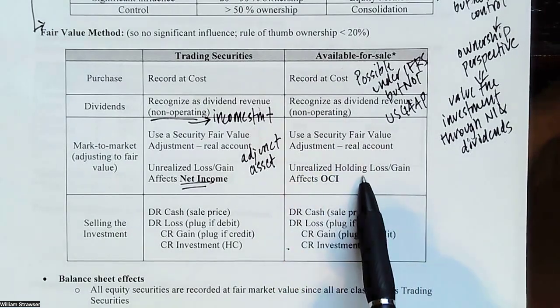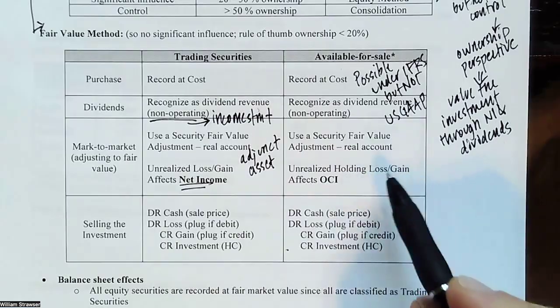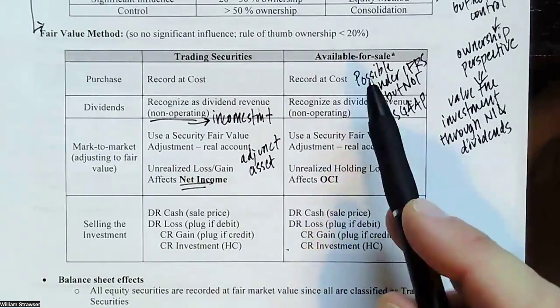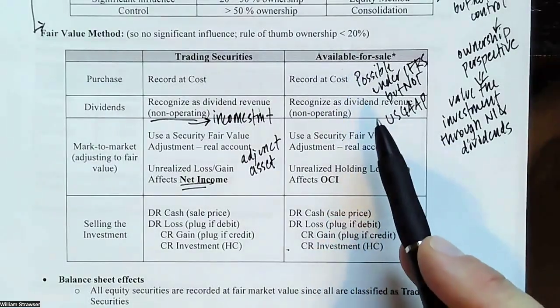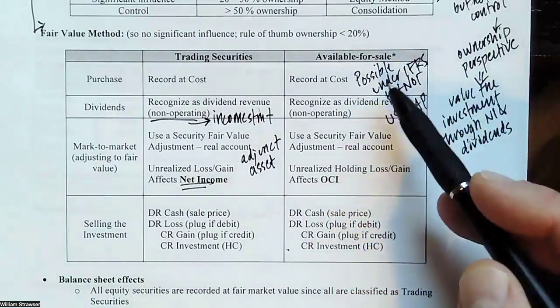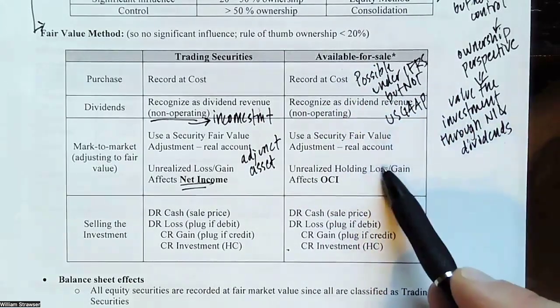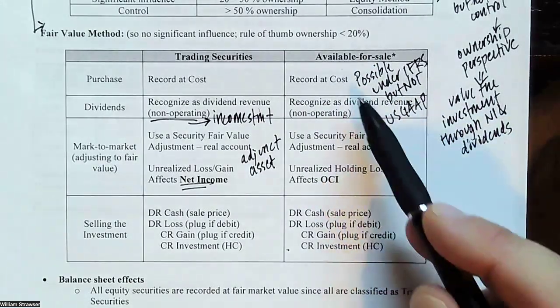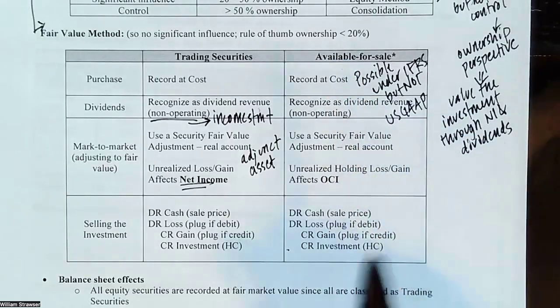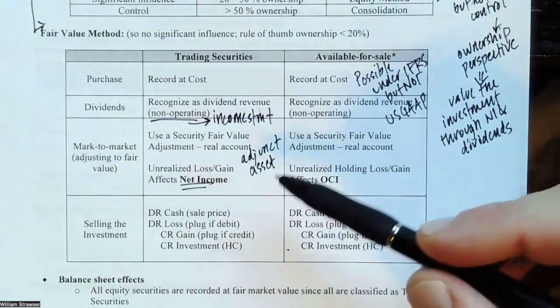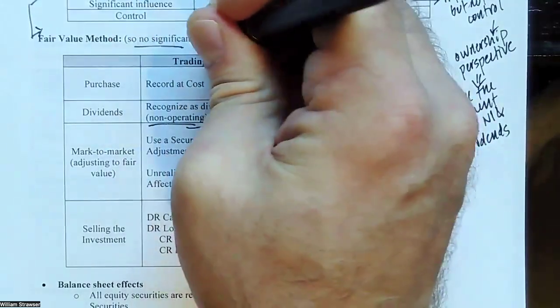Just to remind yourself, we do still have available for sale under GAAP, but when I say it's not possible under GAAP, I'm talking about equity securities. We still do have debt securities that can be available for sale, but this table is really just talking about equity security ownership because we're talking about no significant influence.